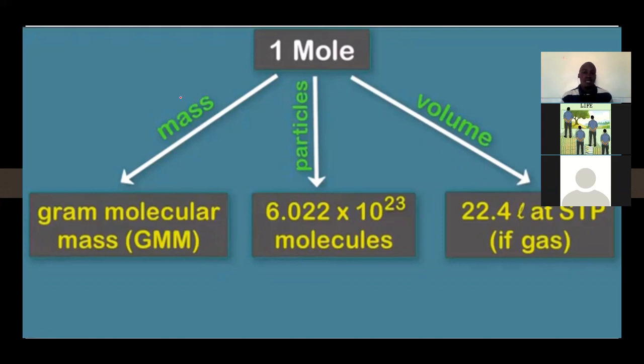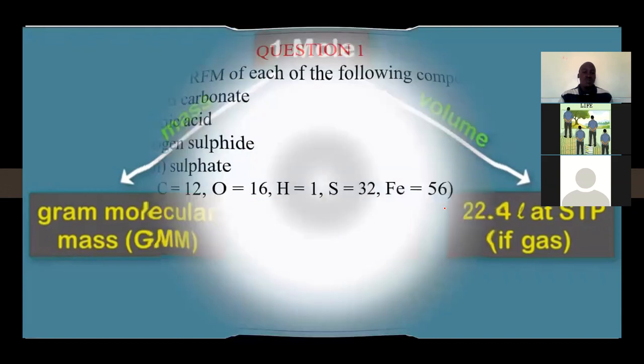Then for particles, every mole of any substance, be it hydrogen, oxygen, or calcium carbonate, will always contain 6.02 times 10 to the power 23 particles. And then the volume of any gas will always occupy this at standard temperature and pressure. So we are going to build on this to try and solve a few questions.